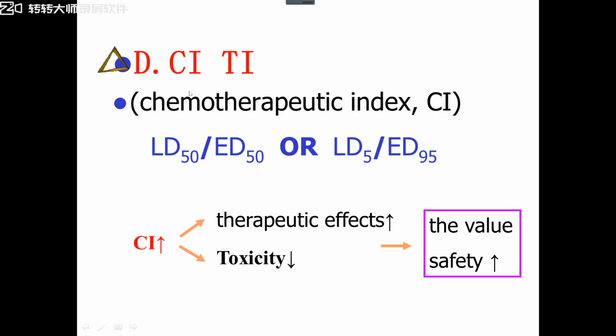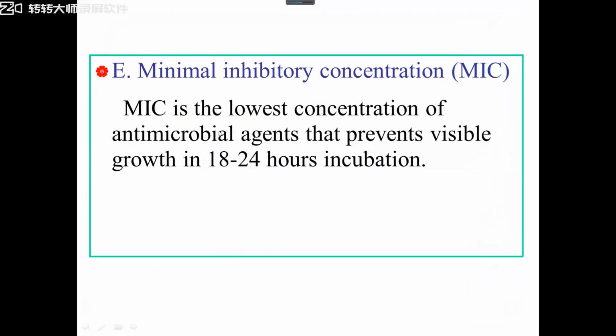Okay, so next one, MIC. The full name of MIC is minimal inhibitory concentration. MIC is the lowest concentration of antimicrobial agents that prevents visible growth in 24 hours of incubation. We call this MIC, minimal inhibitory concentration.